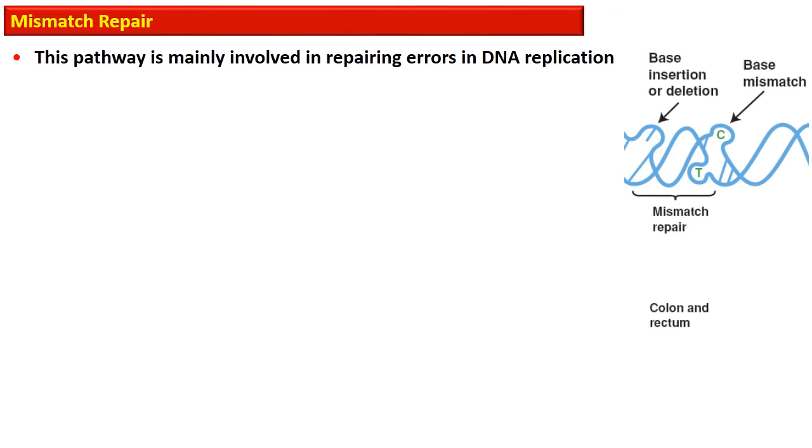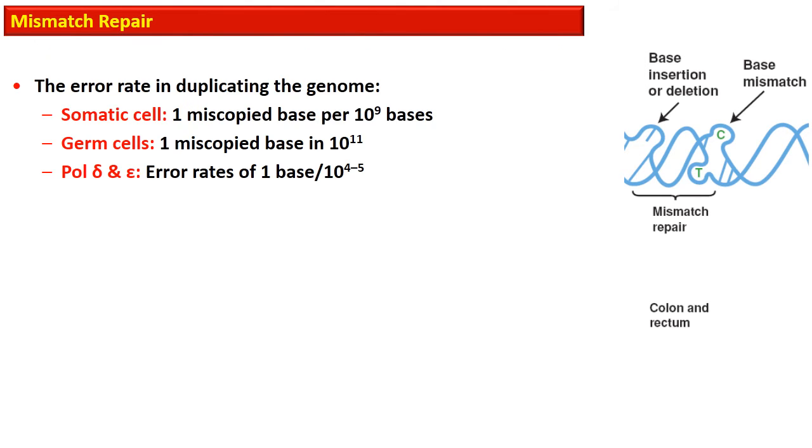The mismatch repair pathway is mainly involved in repairing errors in DNA replication. The error rates in replication of the genome are different. For somatic cells, there is one miscopied base per 10 to the power 9 bases.